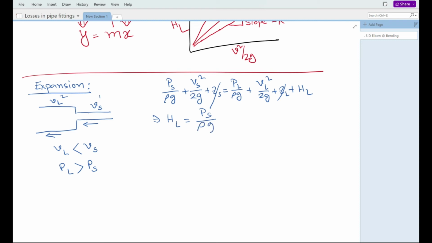So we can write HL equals PL minus PS plus VL square.